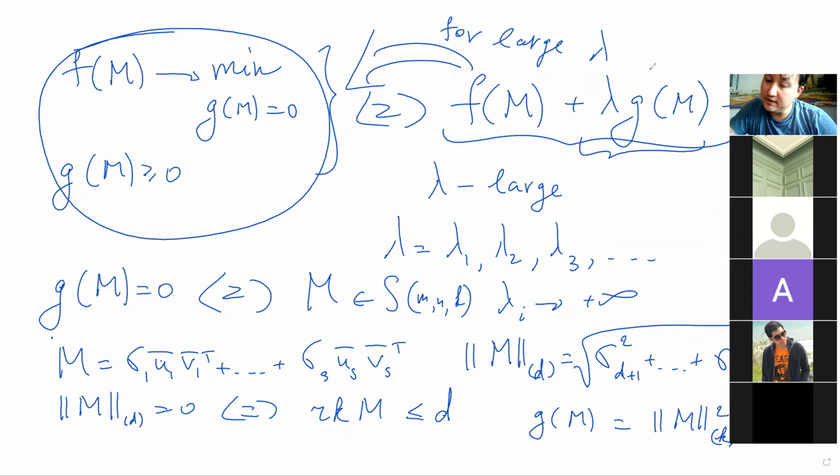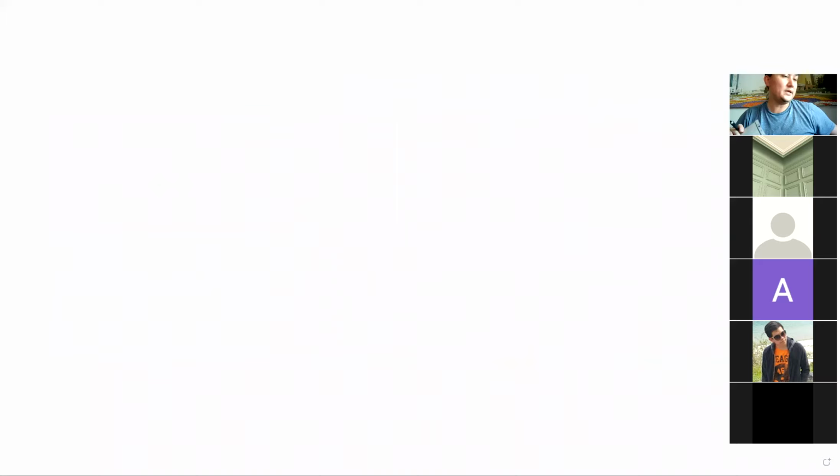And then we know that this is equivalent to this problem. So therefore, what we learned is that in order to solve low rank optimization problems, we need to be able to solve the following kind of problems.